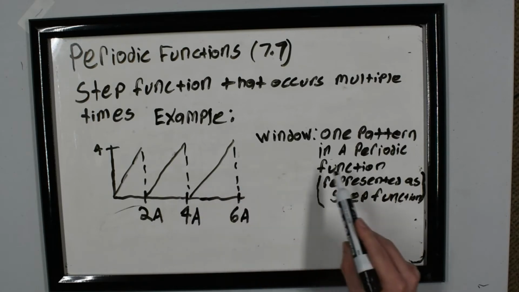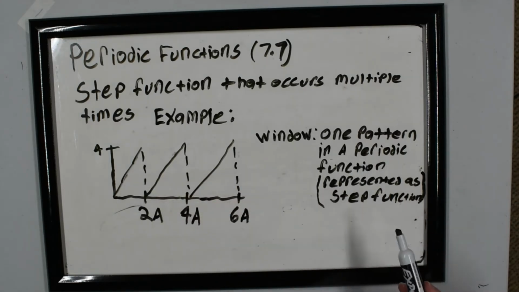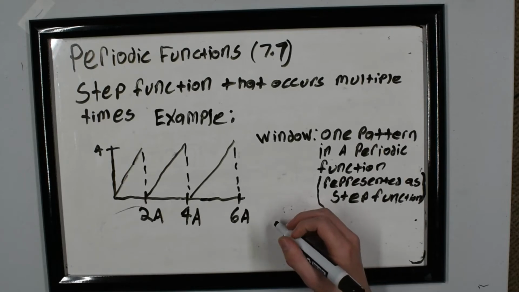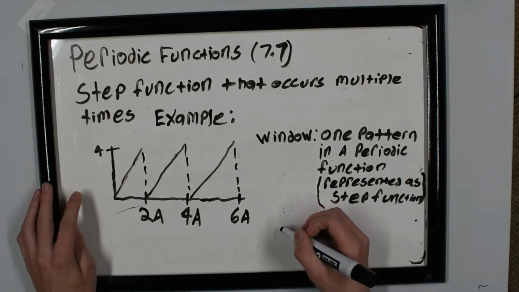One period is known as a window. A window is one pattern in the periodic function, and it can be represented as a step function, like we did in the previous chapter. So let's do that here.